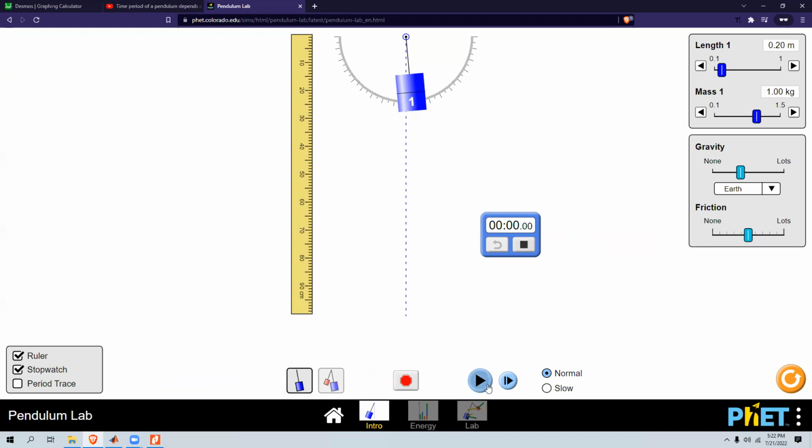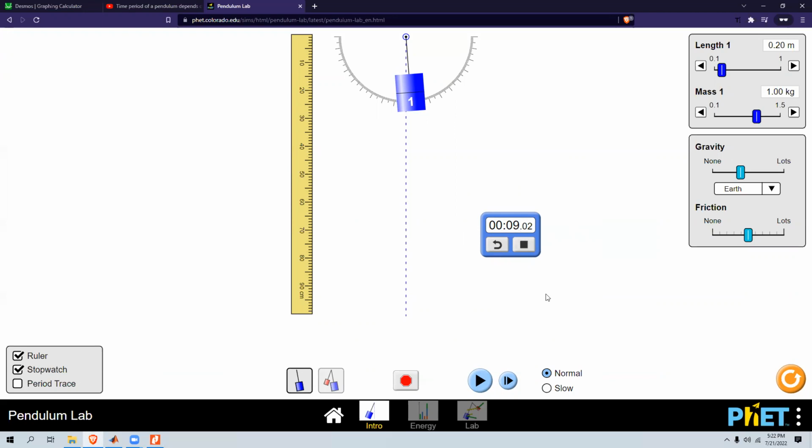And now I will measure the time for 10 oscillations. 1, 2, 3, 4, 5, 6, 7, 8, 9, and 10. Given this measurement, I measured 10 oscillations to occur in a period of 9 seconds.